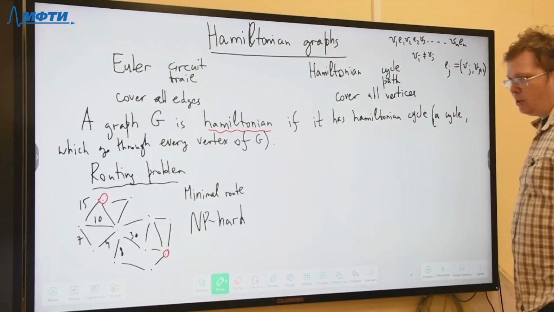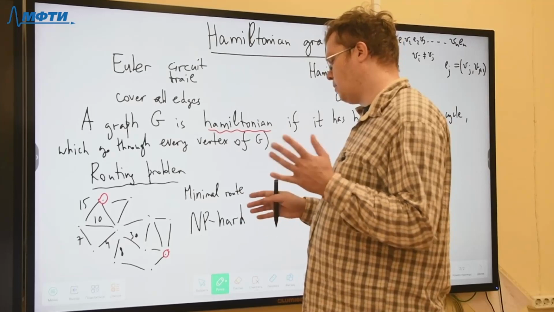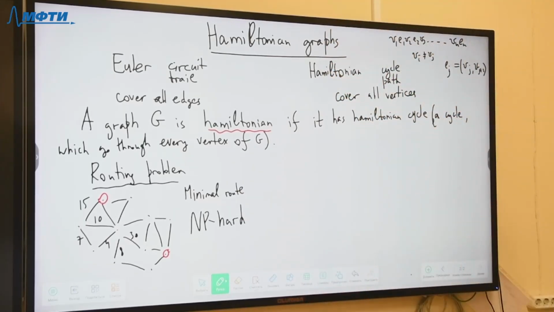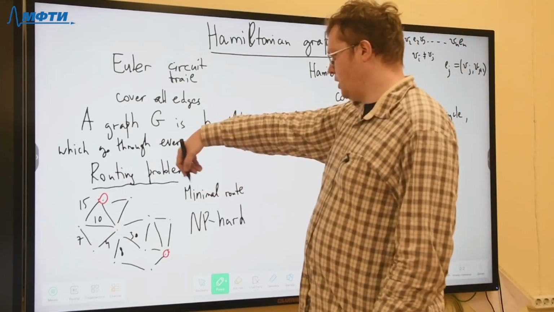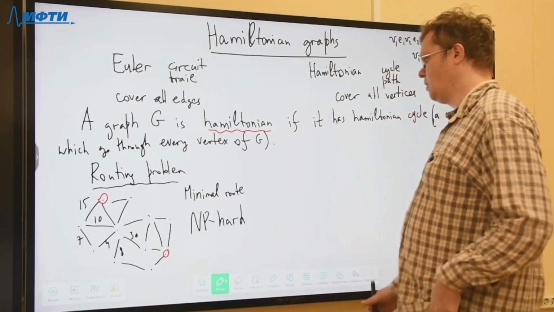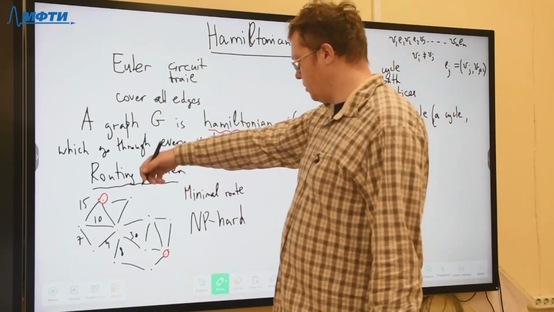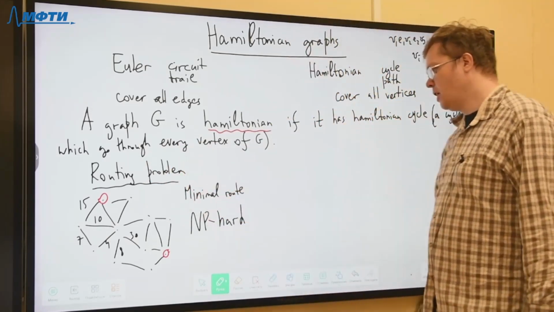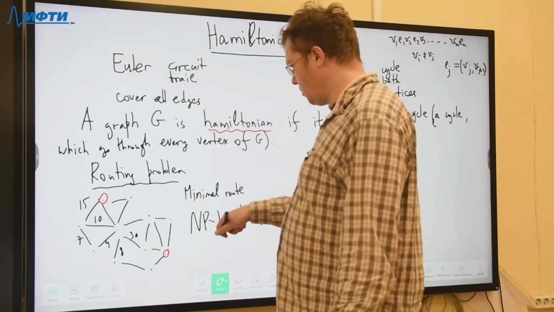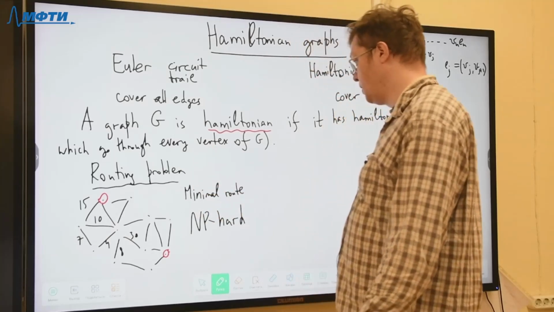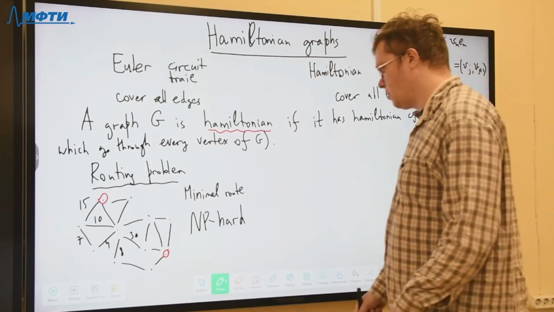But for all these problems, we can assume that our graph is complete. So we have all edges between every pair of cities, and we can just try any possible route from vertex to vertex. But this algorithm has exponential growth depending on the number of vertices, so the problem is not very simple.